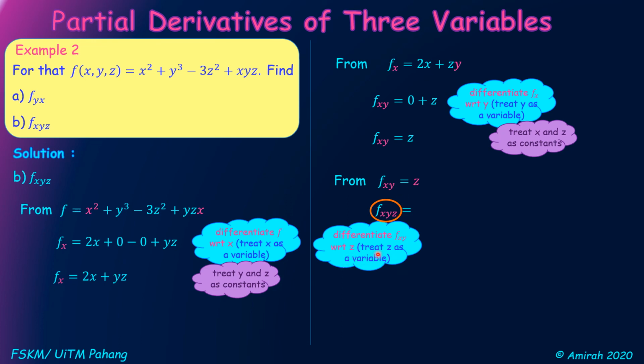We treat z as a variable, and at the same time we treat x and y as constants. But there is no variable x and y here. We just have z here, and z is a variable. So when we differentiate z with respect to z, it equals 1. So this is the answer for fxyz, which equals 1.